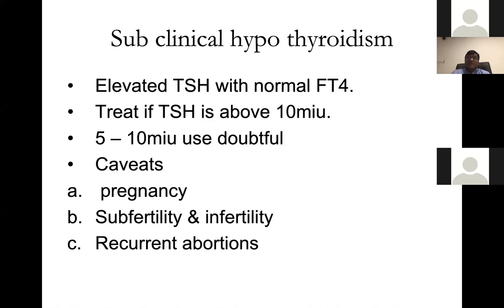Subclinical hypothyroidism, I think we will not perhaps ask you questions, so you don't need to be worried too much about this one. But for interest's sake, particularly in those who are pregnant, who are subfertile or infertile, who have recurrent abortion, or people with severe symptoms of hypothyroidism, we might give them treatment with thyroxine.